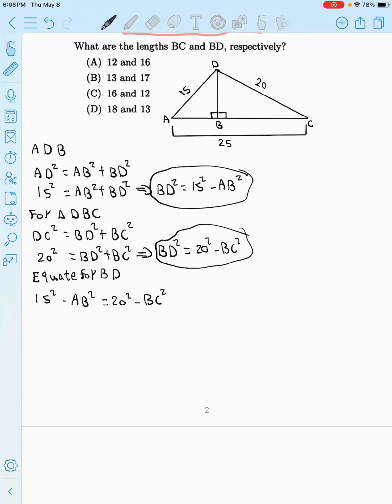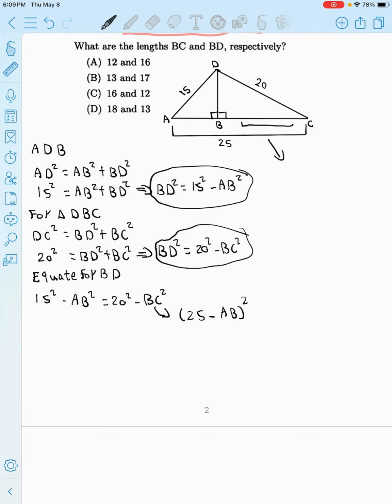And here we'll try to get AB by itself, so we can solve for AB. We know that BC can be 25 minus AB, all squared, right? So I replace BC here with 25 minus AB, which is basically the BC side.